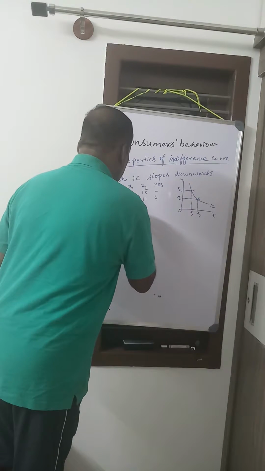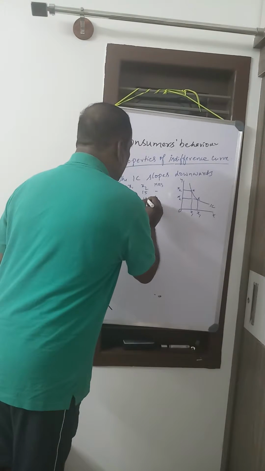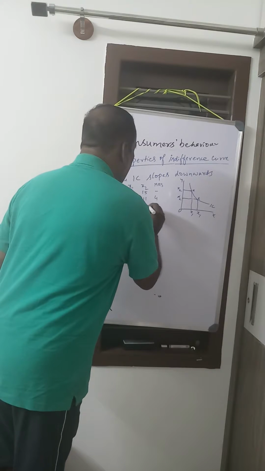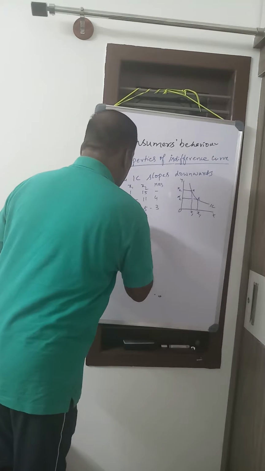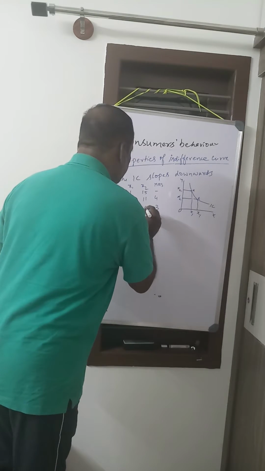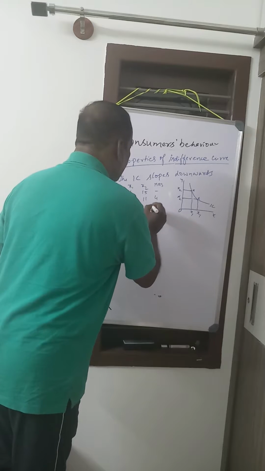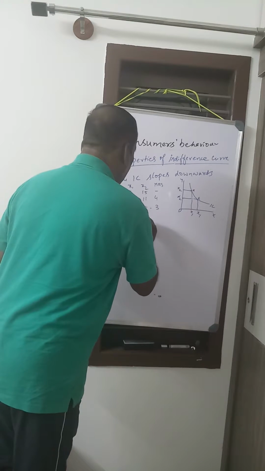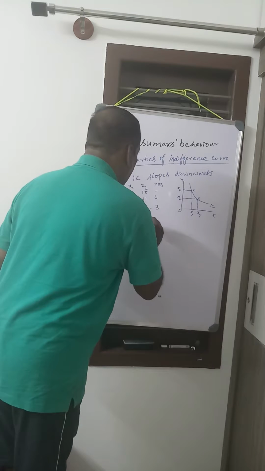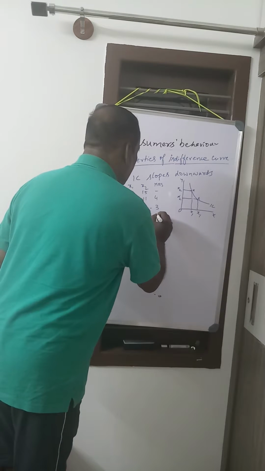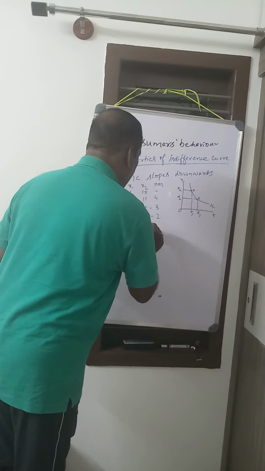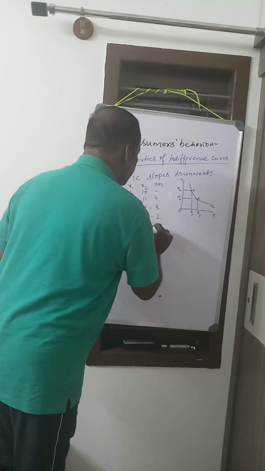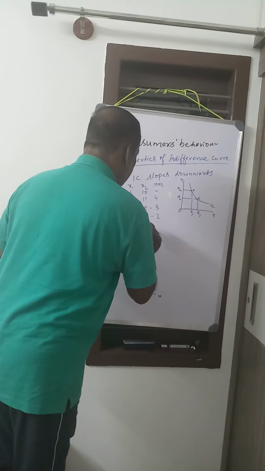C: 3, 8, it is 3. D: 4, 6, it is 2. E: 5, 5, it is 1, sorry, 5, and MRS is 1.